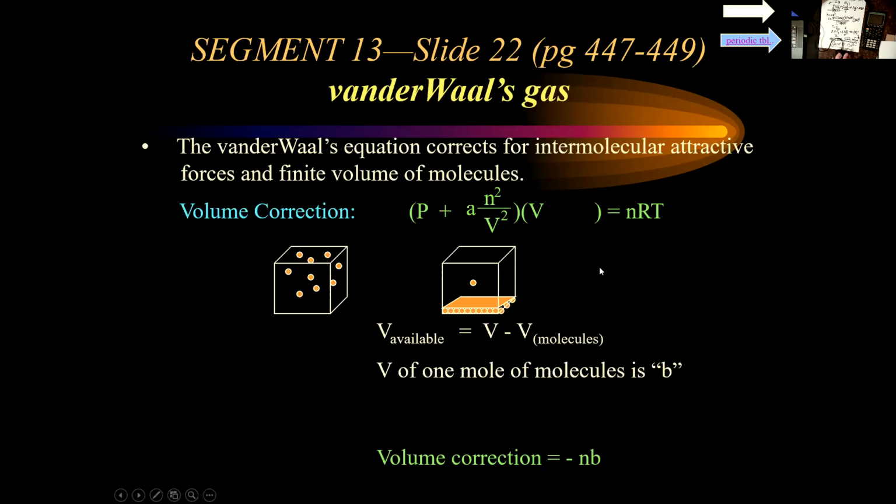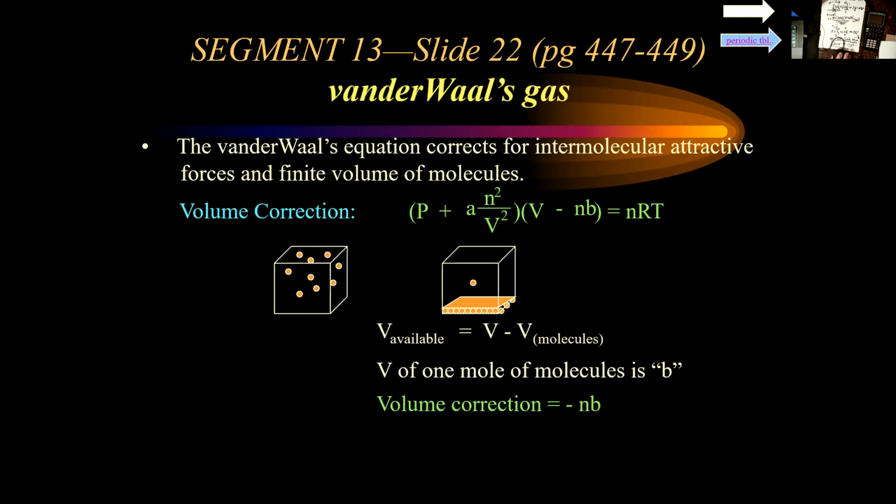So that's going to be proportional to the volume of a mole of molecules. This is the number of moles, and this is the volume of 1 mole. That'll be different whether it's carbon dioxide, oxygen, helium, or nitrogen. The volume of the molecule would be different. That's what that B constant is.